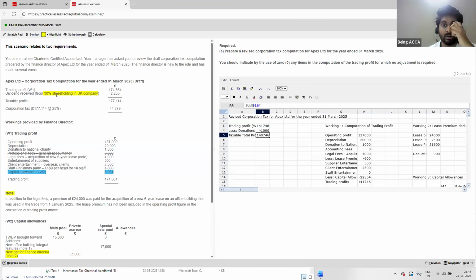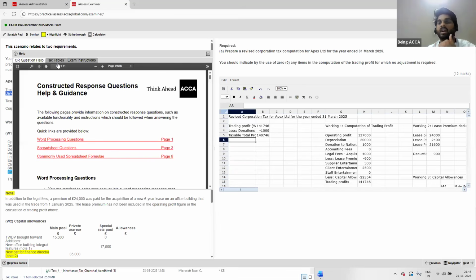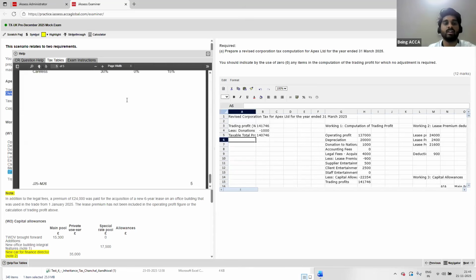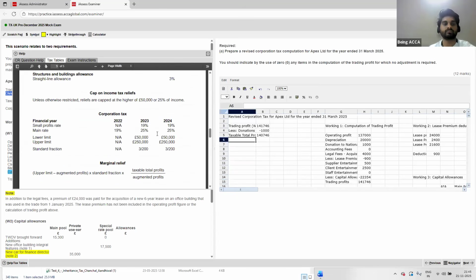But as I've already told you earlier, there is a dividend received from a non-associated company which will affect our augmented profits. Before that, what we should see is that the taxable total profit falls between the threshold of the upper limit and the lower limit. The lower limit of the company is at 50,000, and the upper limit is 250,000.